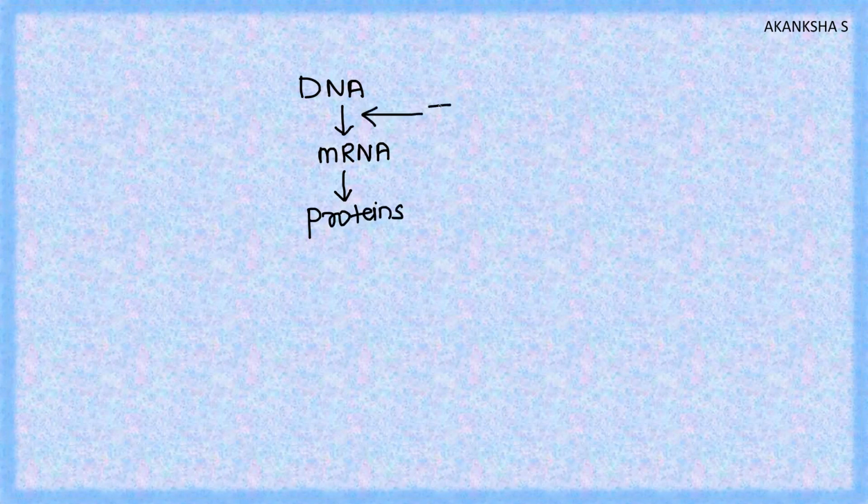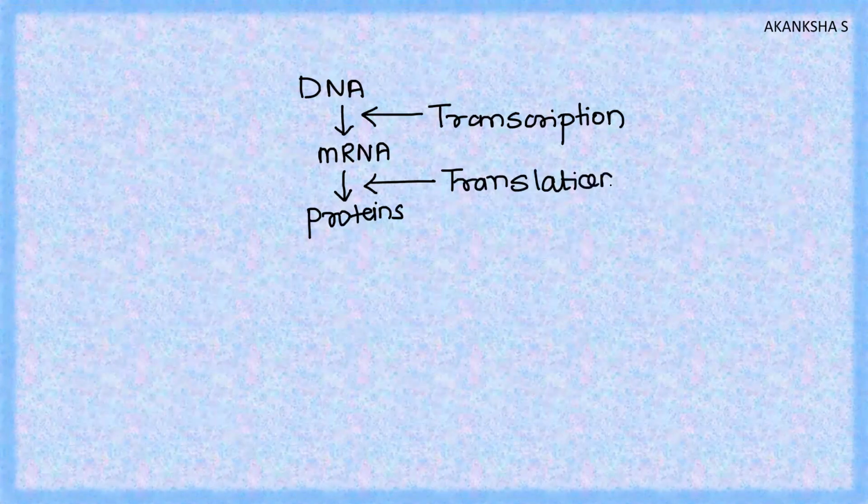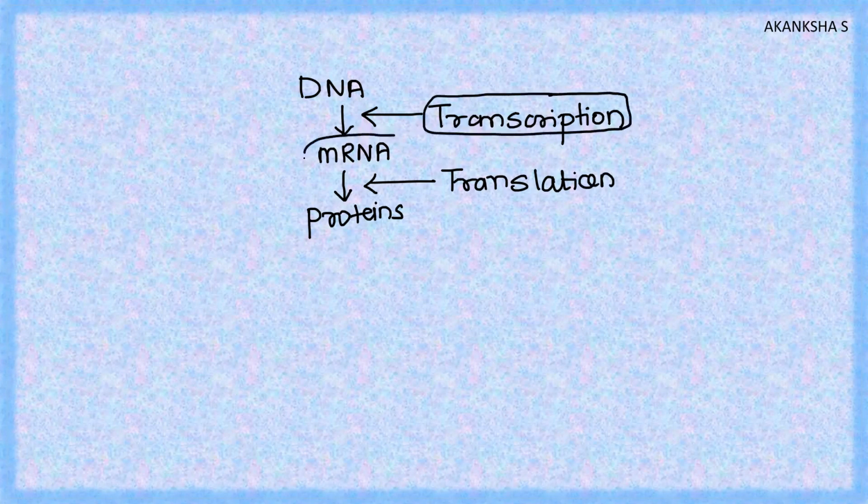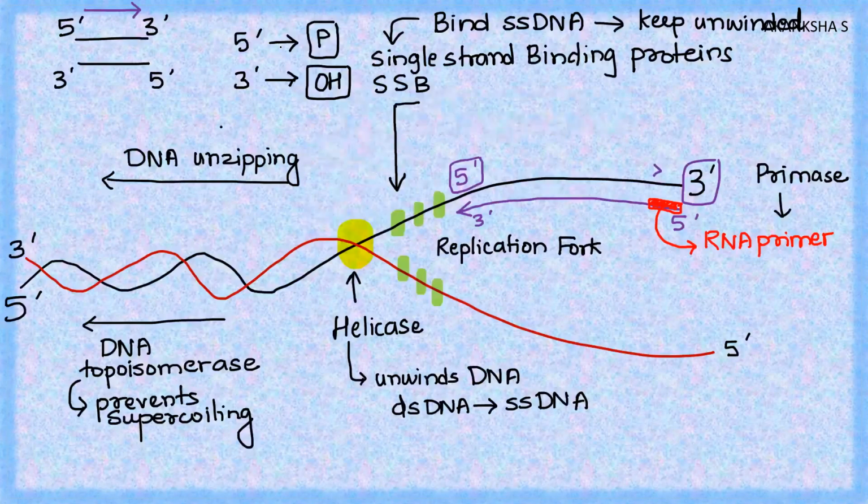DNA to mRNA, DNA to RNA, means transcription. mRNA to protein means translation. Meaning the DNA that we are replicating right now has already been transcribed some time in its cell, meaning its mRNA is already present. Correct? So this RNA can come and bind to the DNA and act as an initiator.